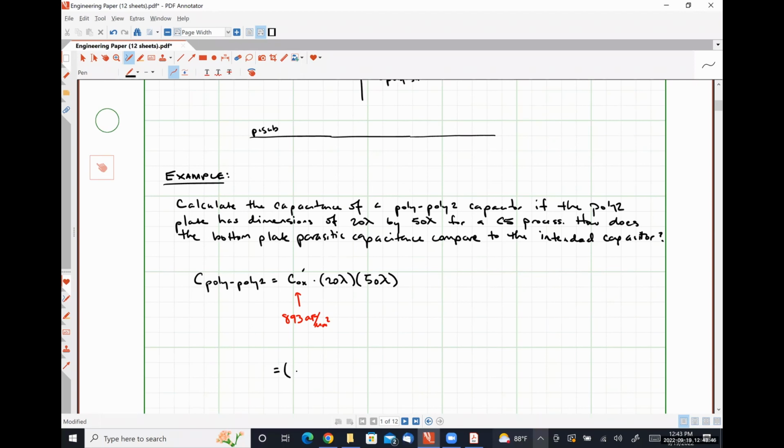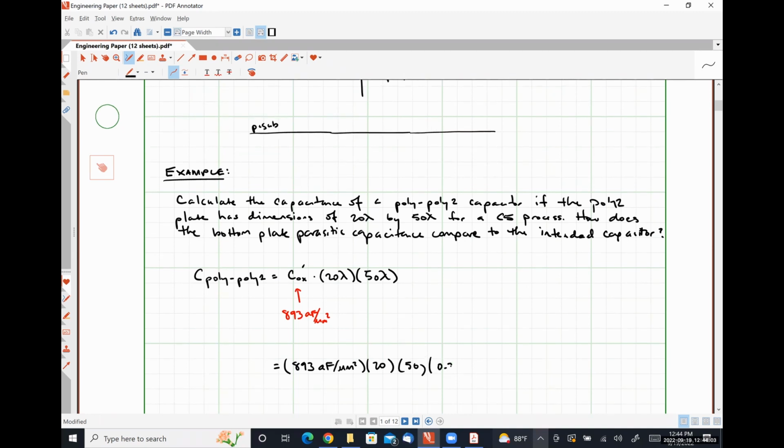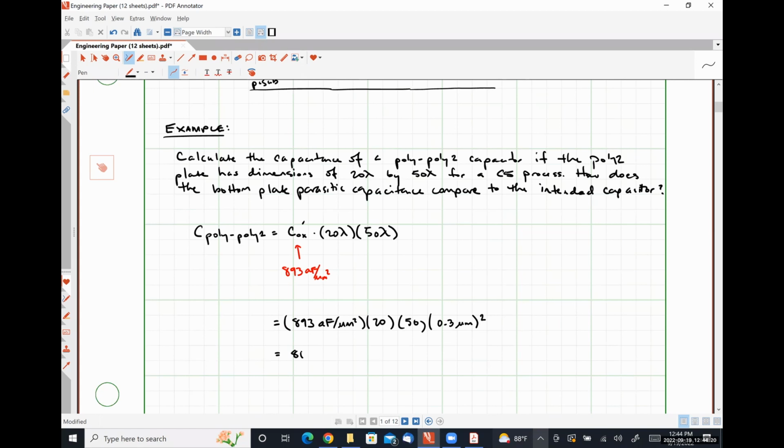Putting in numbers, this looks like 893 attofarads, which is 10 to the minus 18 farads per micron squared, times 20 times 50, excuse me, times 0.3 microns quantity squared. Since 300 nanometers, the scaling feature for our C5 process, is the same as 0.3 microns. And this comes out to be 80.37 femtofarads.